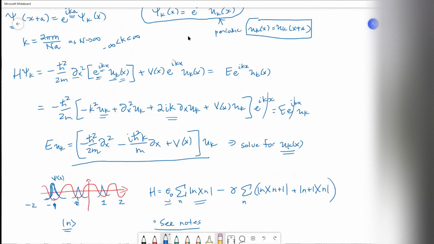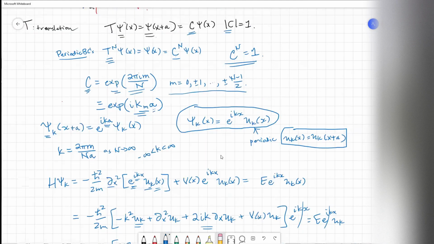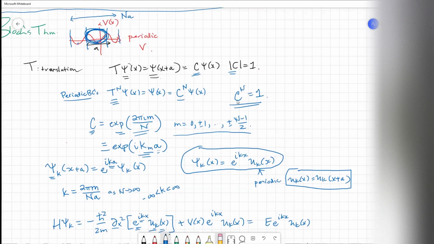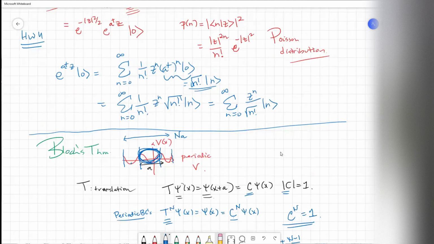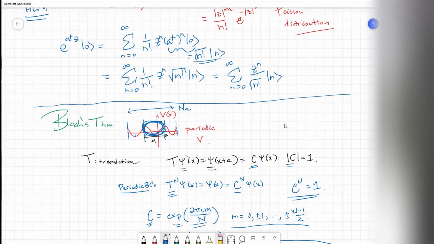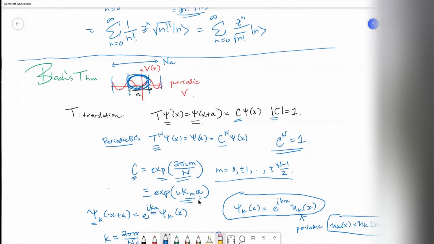But I did want to show you a little bit about periodic potentials. And so the same sort of things we do with the harmonic oscillator apply to any kind of potential. The important thing here is the idea of using symmetries in order to constrain the form of the wave function.